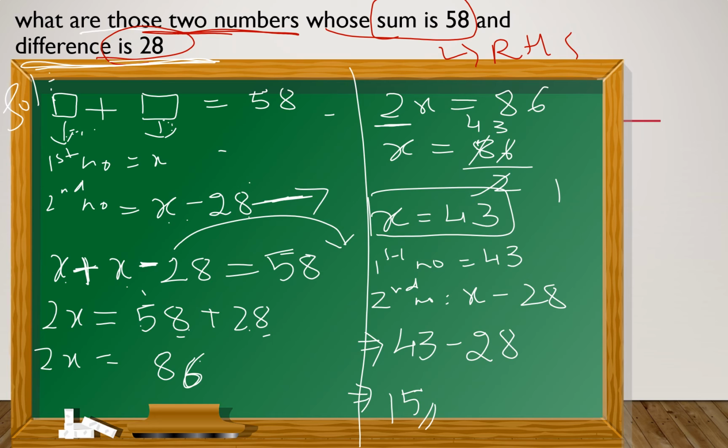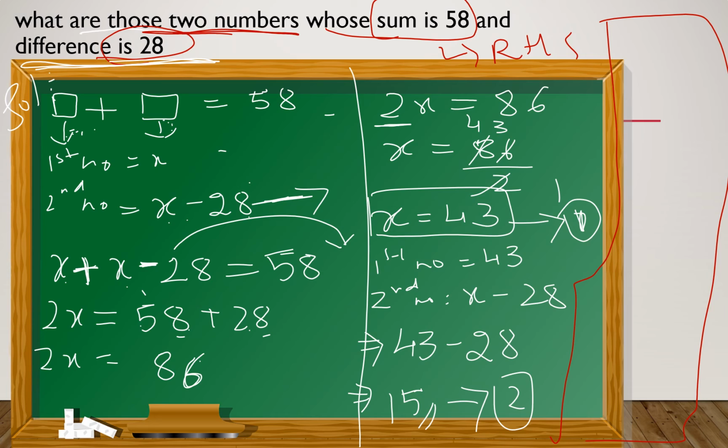Now the first number we got is 43, and the second number we got is 15. Let's check by adding: the sum of the two numbers they mentioned is 58. The first number is 43 and the addition of 15, the second number, you should get 58.